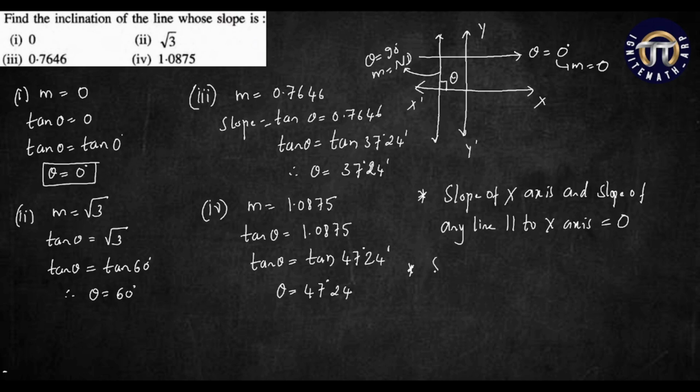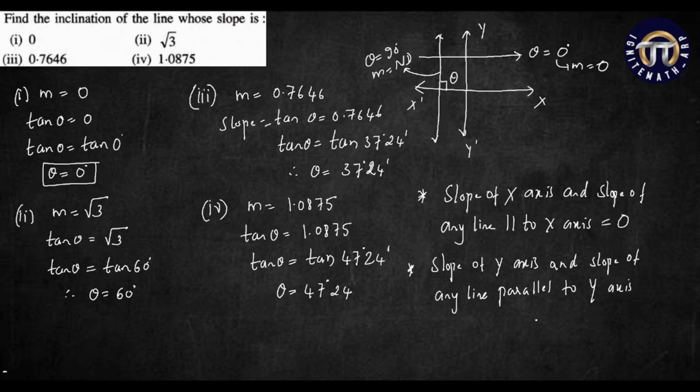So I can conclude that slope of y-axis and slope of any line parallel to y-axis is not defined, or which can also be said as infinity. Keep in mind, children. You need to understand this, why it is, how it is.